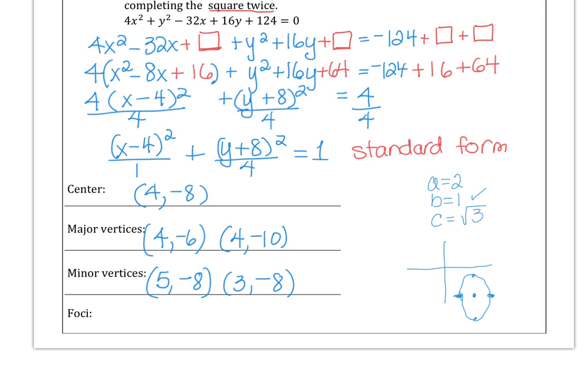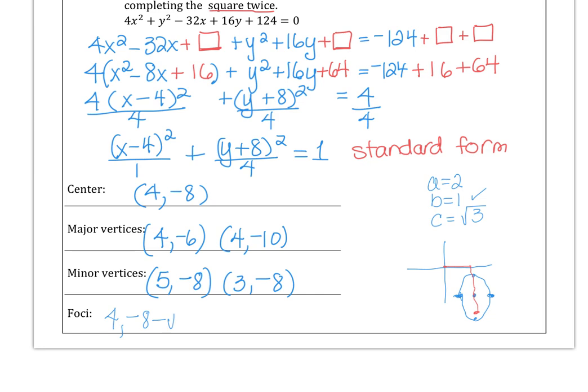The focal point, again, we're going to start at the origin. We're going to go out 4. We're going to go down 8. And then we're going to keep going down square root of 3. So we got 4. We went 4 on x. We went down 8 on y.